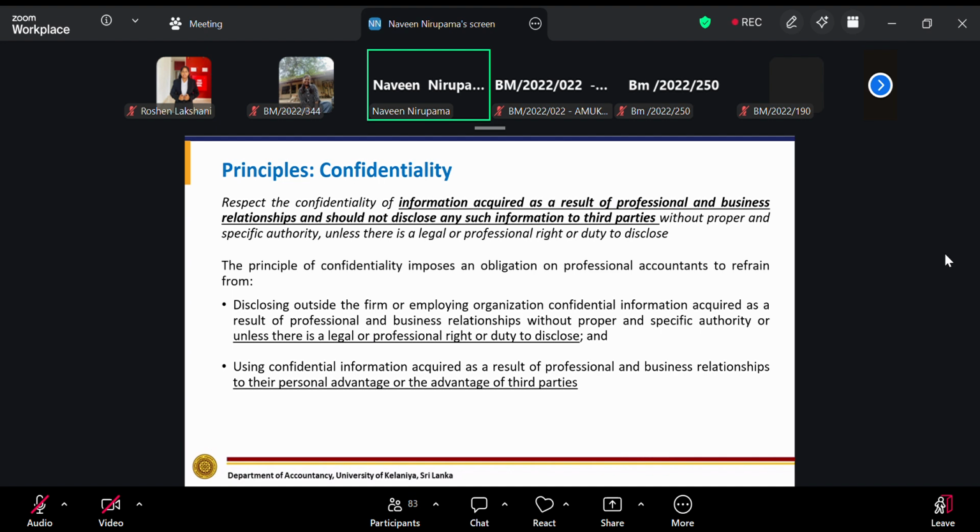If there is no legal order or any other professional right or duty to disclose, the person should not disclose the confidential information to the other party.